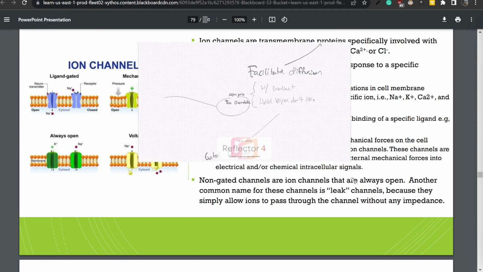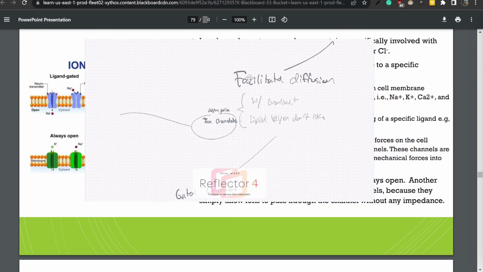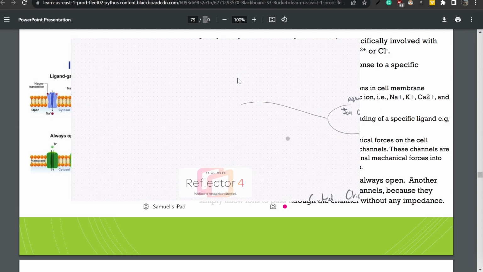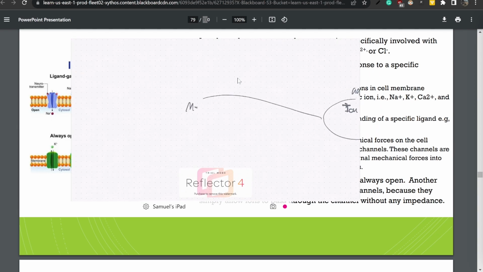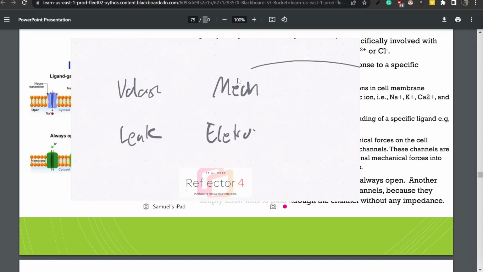Maybe I'll pick up this recording after my meeting. I'm going to write out the four different types of channels: mechanical, electrical, ligand, and voltage. And the relationship between these is that one has to do with charge.